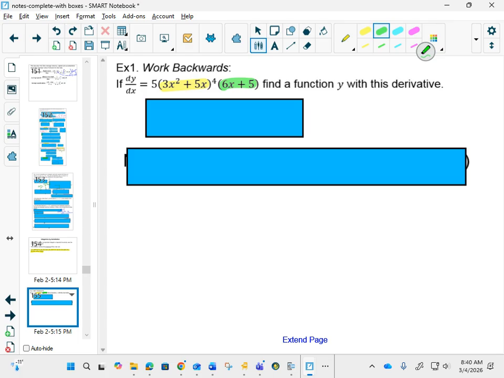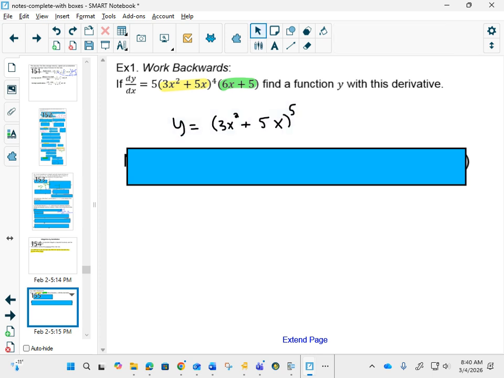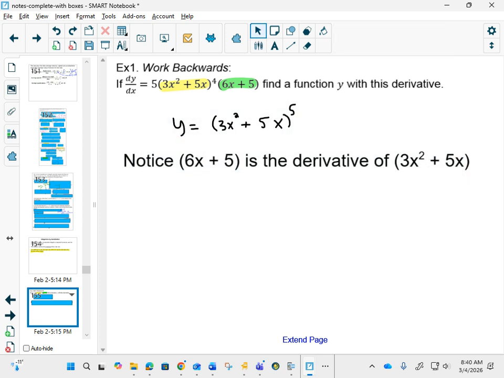That's classic chain rule stuff. So this one would be like, oh, I can see you brought the 5 out in front, then you multiplied by the derivative of the inside. So it's really obvious that it was this, and add a plus c there.